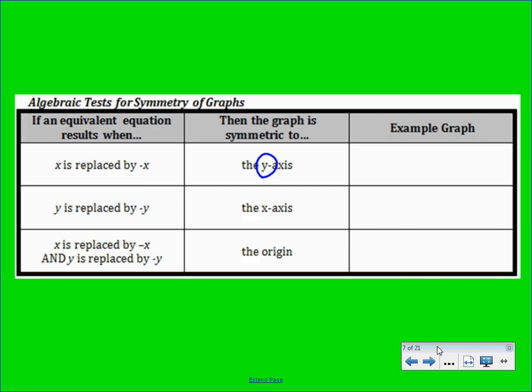So draw with me, if you would, a little picture of what this could look like. Any shapes come to mind that would have y-axis symmetry? A parabola? Do you guys agree a parabola does? Yeah. So maybe we'll draw a parabola like this. You can see it has y-axis symmetry. It folds along the y-axis there.